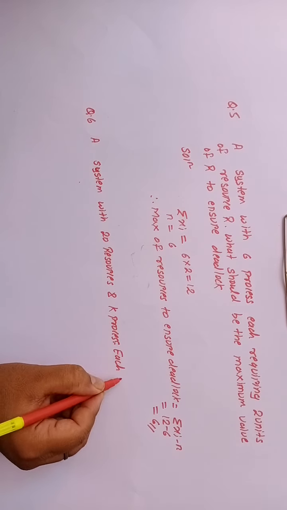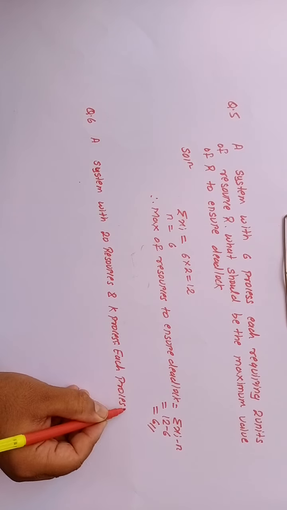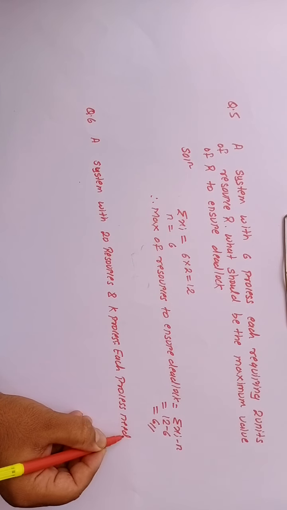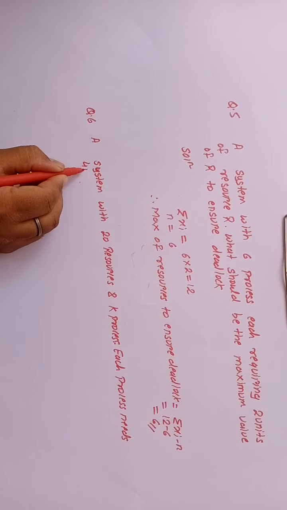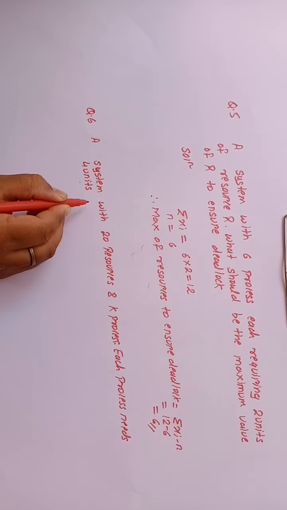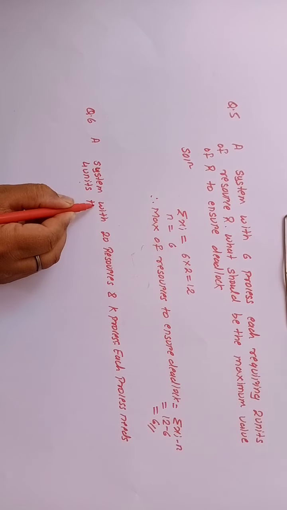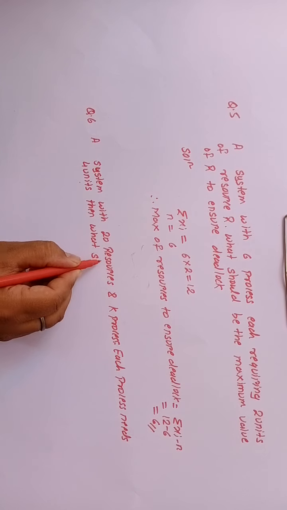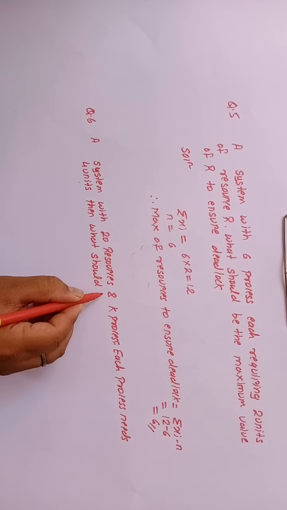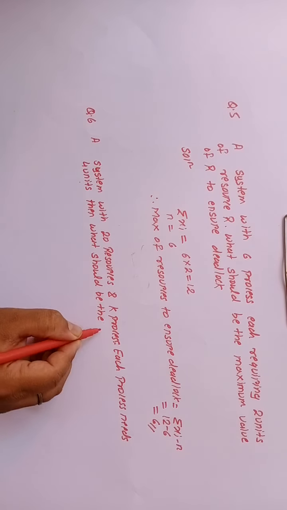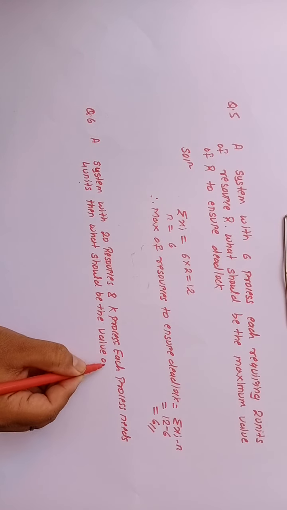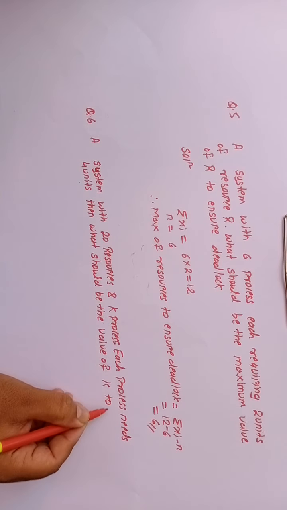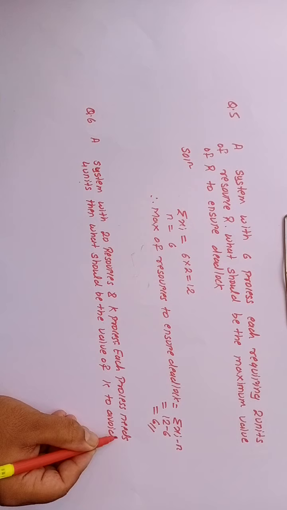Each process needs 4 units. Then what should be the value of k to avoid deadlock?